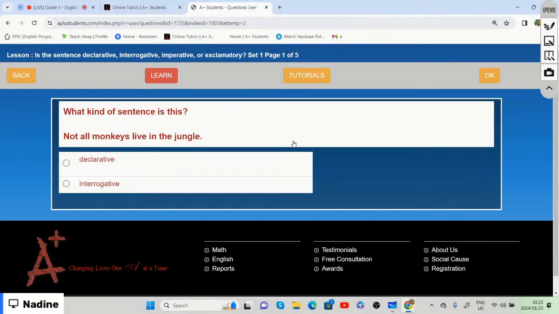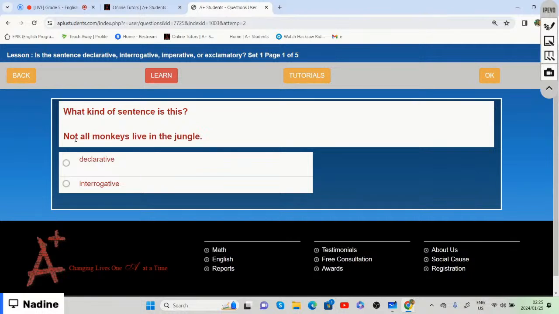Not all monkeys live in the jungle. So not all monkeys live in the jungle.